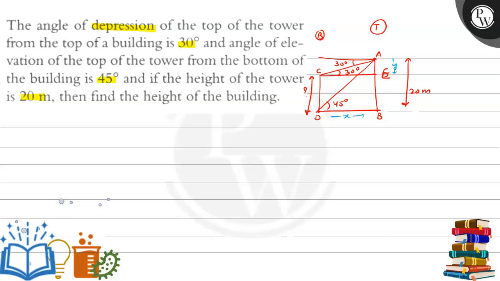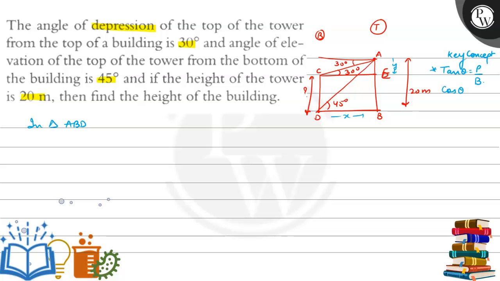Okay, now first of all in triangle ABD, first of all we will discuss the key concept. We haven't discussed it. The key concept is, first, the value of tan theta. What is the value of tan theta? Perpendicular upon base.